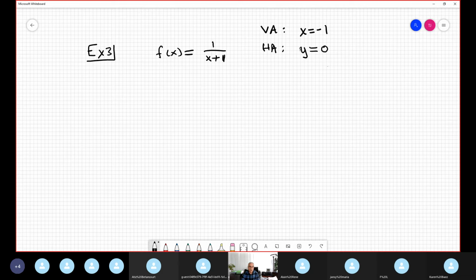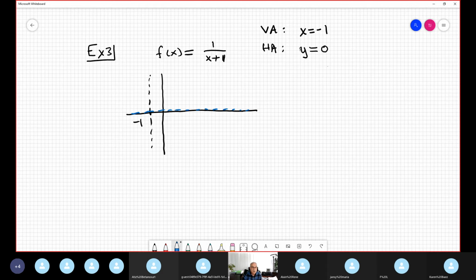Okay, so now our graph, after we've seen Desmos, but I have a rough idea of how it looks. In my graph, at -1 we have the vertical asymptote. At y equals 0, we have the horizontal.